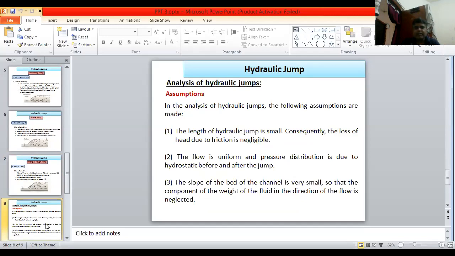The flow is uniform and pressure distribution is hydrostatic before and after the jump. The slope of the bed of the channel is very small, so that the component of the weight of the fluid in the direction of flow is neglected.